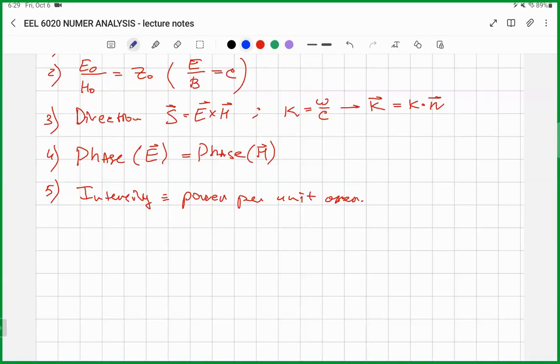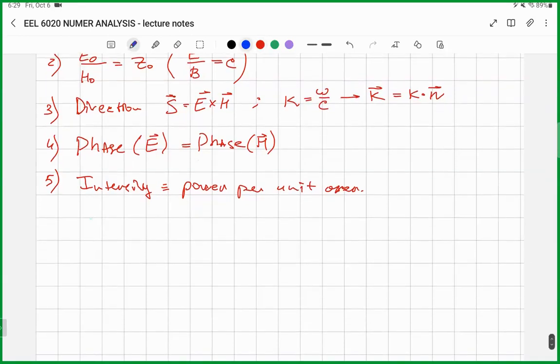So by definition, intensity is given by the time average of the Poynting vector over the period. This is the definition for any function depending on time.